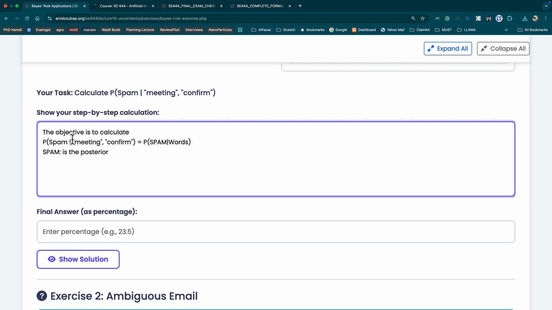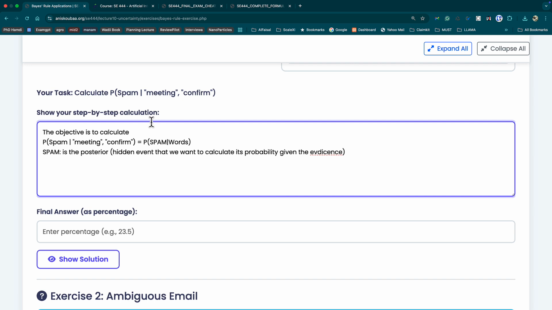What does posterior mean? It is the hidden event whose probability we want to calculate given the evidence.